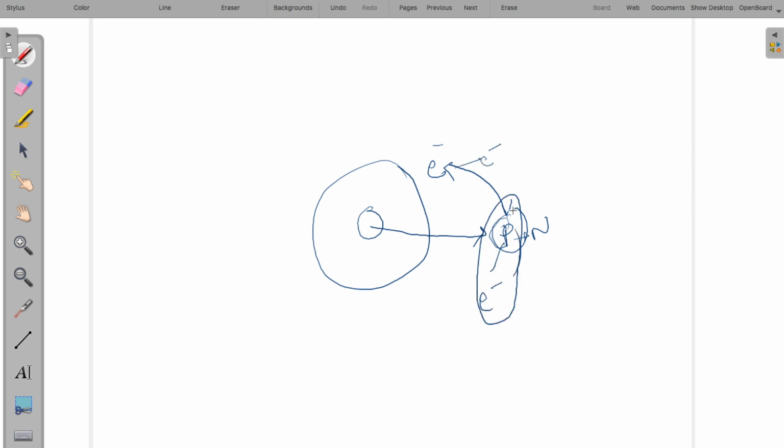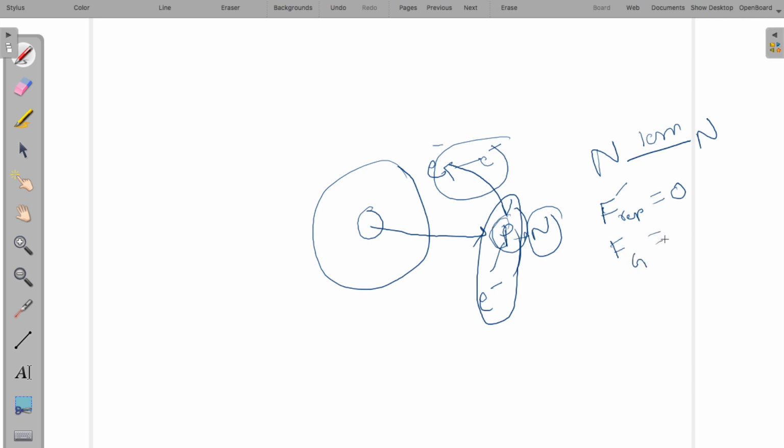Then what about neutron and neutron? If we put two neutrons at a distance of 1 centimeter, what will happen? It is found that the force of repulsion is zero, although there is some force of gravitation present in this case.